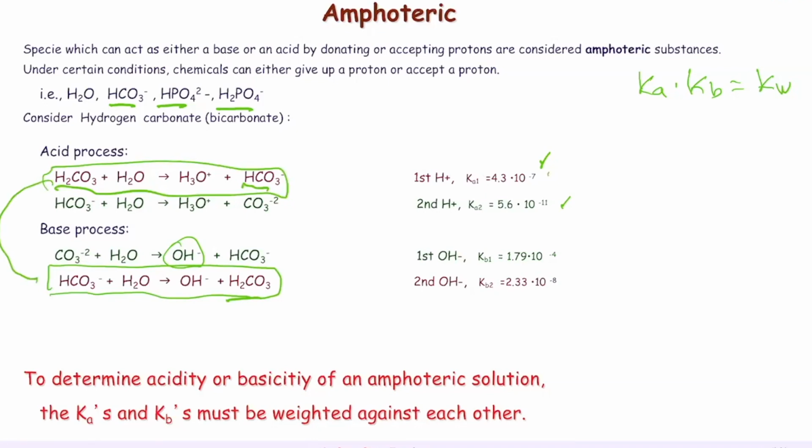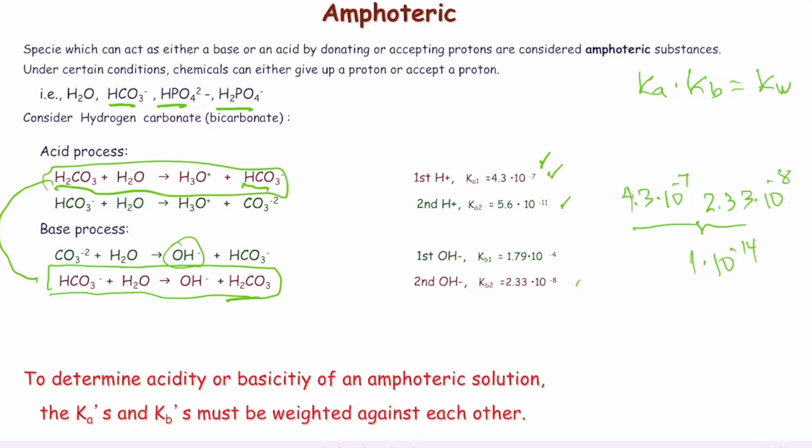If you look at the Ka and the Kb, 4.3 times 10 to the minus 7 and 2.33 times 10 to the minus 8, and you multiply that together, you actually get 1 times 10 to the minus 14, or very close to that, because those are the pairs that have conjugate pairs.